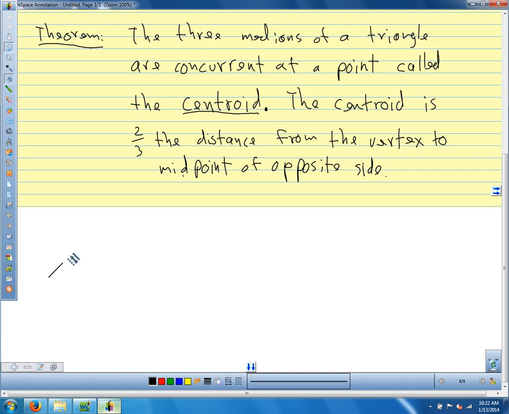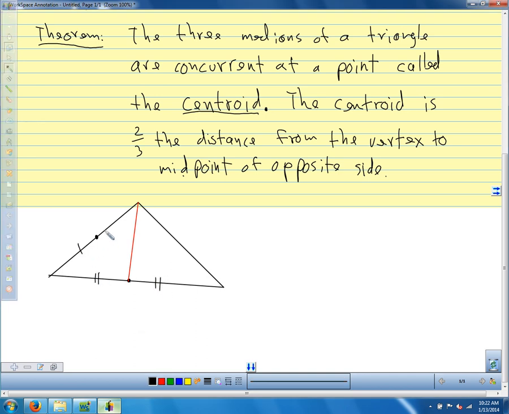So here is our triangle. And I'm not going to make the centroid exact, I'm just kind of guesstimating here. So we go from the middle of one side to the vertex on the opposite side. So those are going to be congruent. We'll draw another segment here, and I'll do this same one.